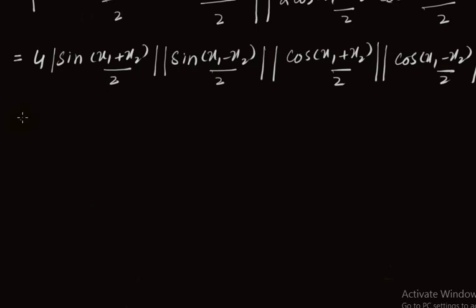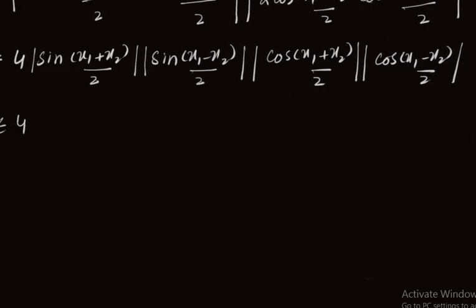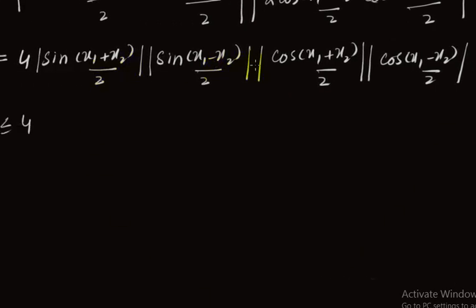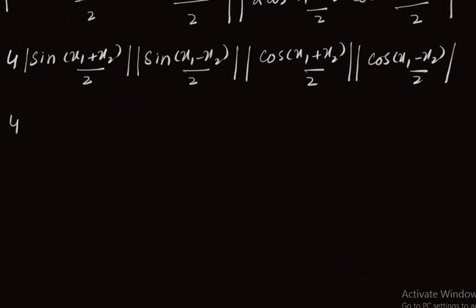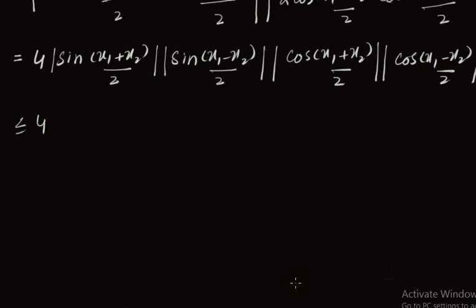Now this is less than or equal to 4 times sin. Remember students, whatever the argument is, the formula remains the same, that mod of sin x is less than 1. If we take sin of 1 upon x, this is also less than 1. So the argument can be any number, x1 plus x2 by 2 or x1 minus x2 by 2; this formula is satisfied for all argument values.